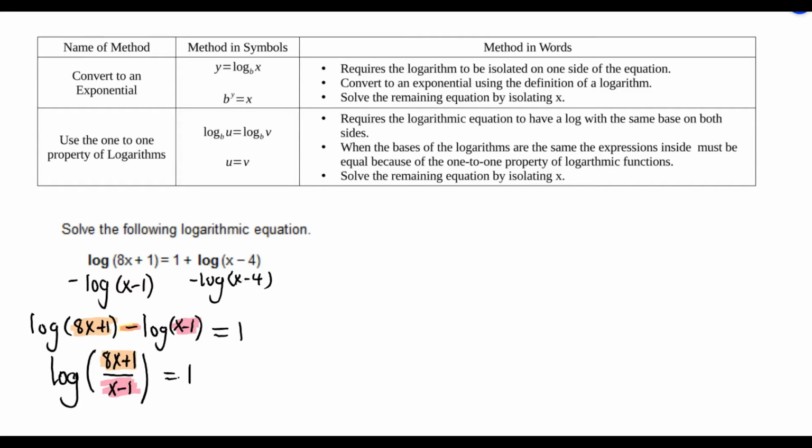And now that I've got a single log on one side of the equation, I can convert this to an exponential. I'm going to use a base of 10 because no base was specified. The exponent is the 1, and this equals the expression inside the log, which is 8x plus 1 over x minus 1. So 10 to the first power is 10.